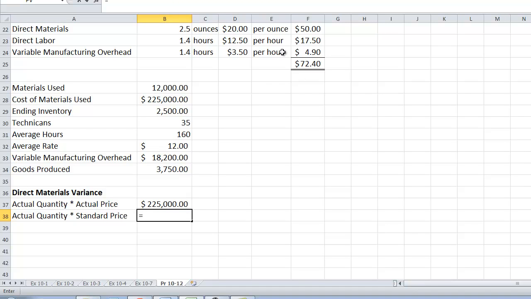They told us that we had 12,000 ounces, and the direct material standard price is, sorry, $20 per ounce. Then this would be the direct material rate variance. So this is a favorable $15,000 rate variance, price variance.